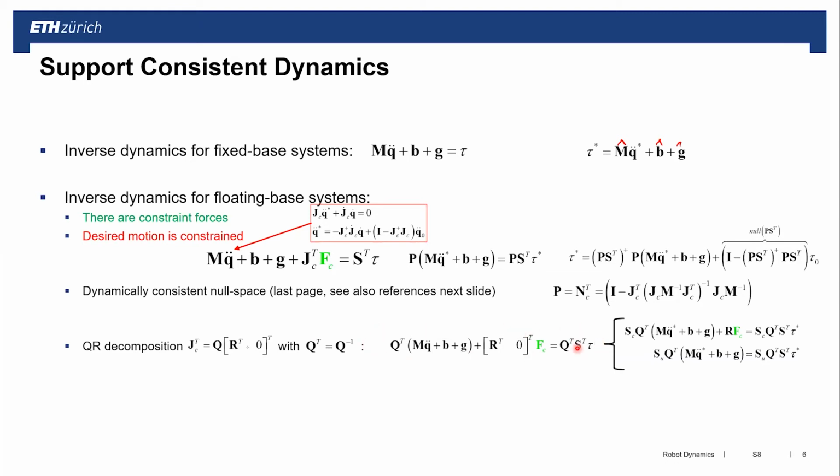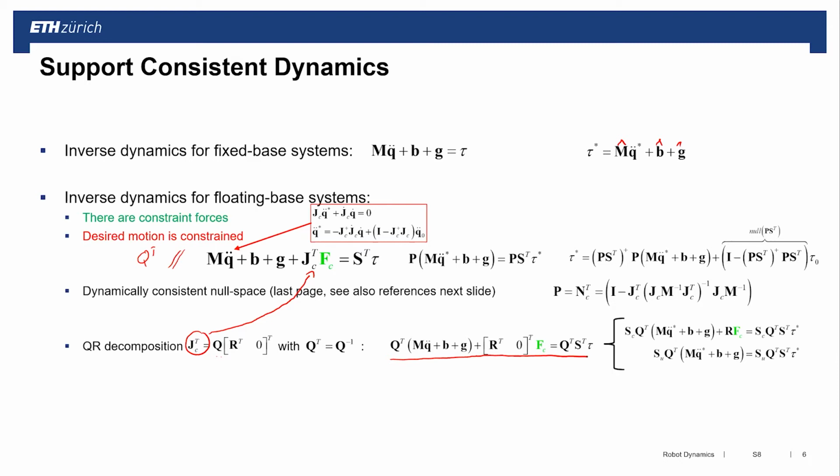This is no magic. All I do is I take this, I insert it in there, and I multiply the left-hand side by a Q transposed to get rid of that Q. So I end up with this equation.